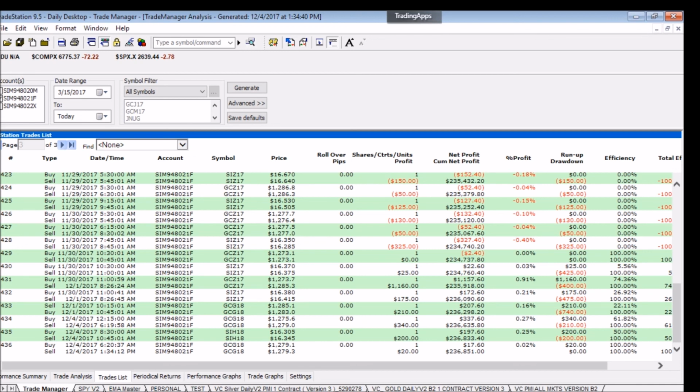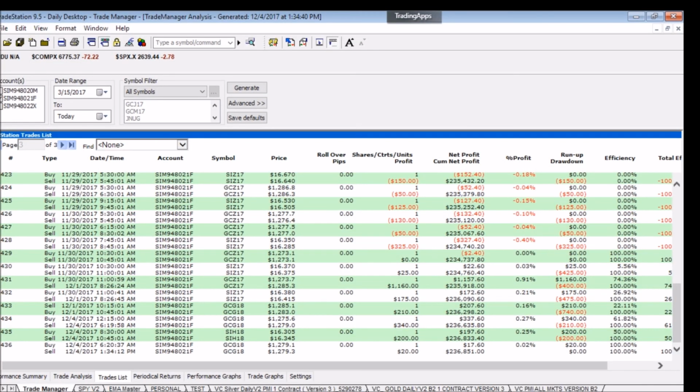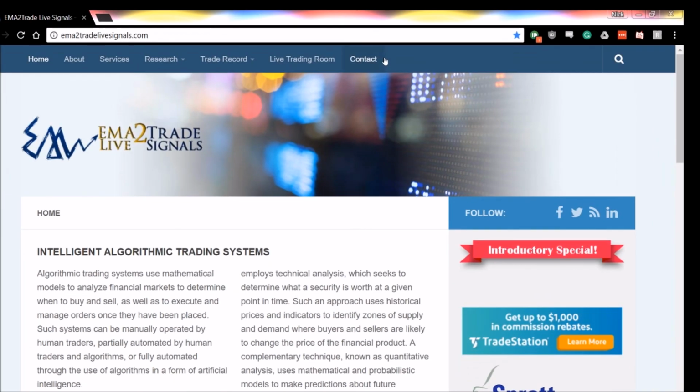One of the things that I would like to share with you is basically, since we started trading the algorithm in March 15, prior to that, we traded the algorithm on a semi-automatic basis.